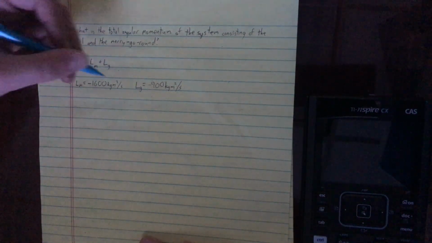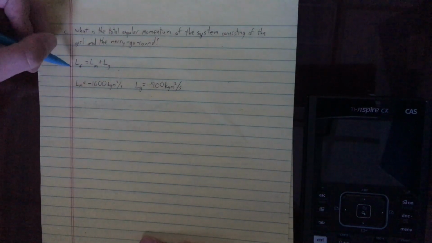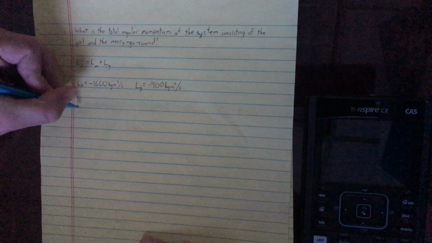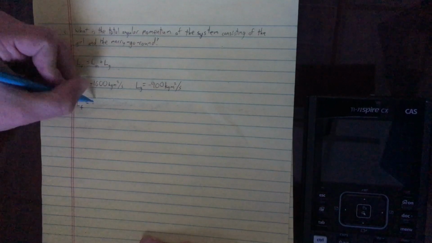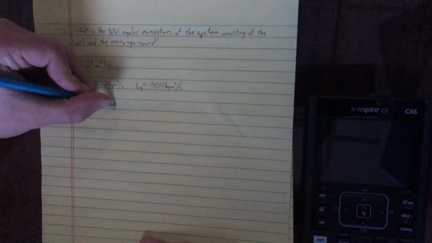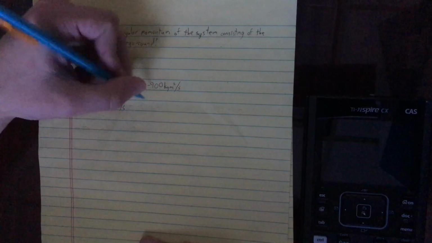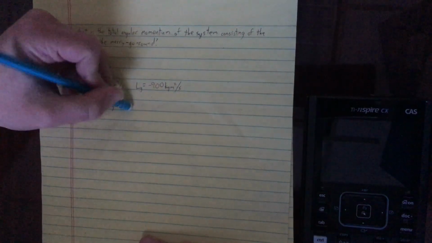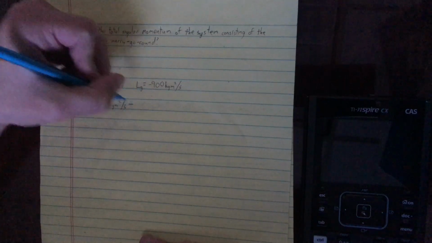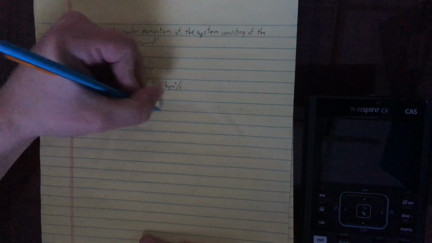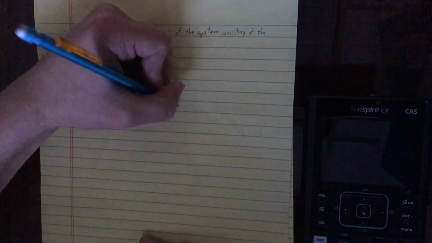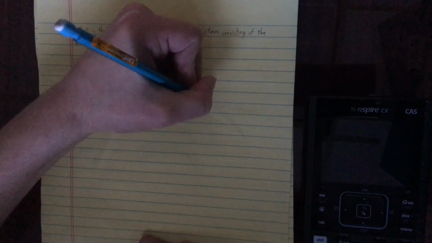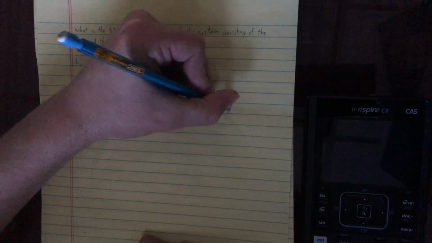So let's take the before values to find LF. So the total angular momentum is going to equal that negative 1600 kilogram meters squared per second for the merry-go-round plus, well, actually minus, since it's negative, 900 kilogram meters squared per second for the girl, and we will get negative 2500 kg meters squared per second.